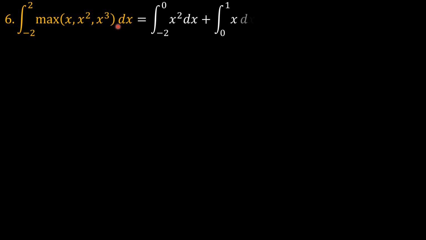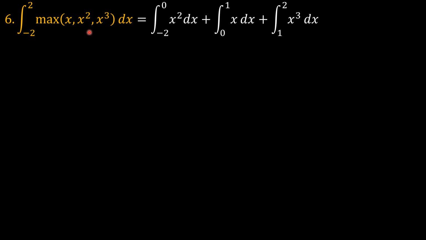Problem number 6: the integral from x equals negative 2 to x equals 2 of the maximum value from within a pool of x, x squared, and x cubed. Now it's very important to see that in the domain from negative 2 to 0, the values x and x cubed are negative, but only x squared is positive.